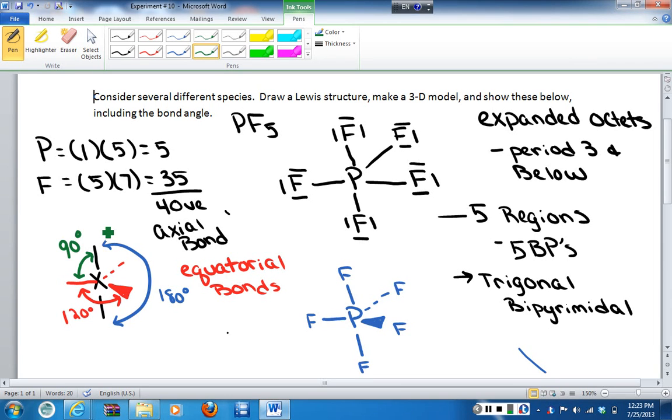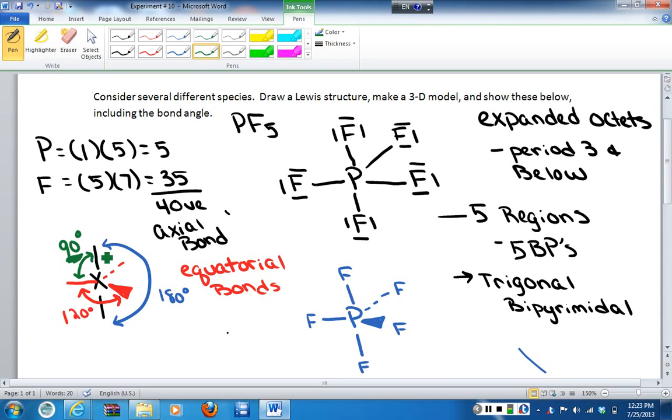With these, the axial positions are actually longer than the equatorial ones, and the reason is that they can spread out. We have this 90-degree interaction between the axial and equatorial positions, and as a result we have greater electron repulsion.